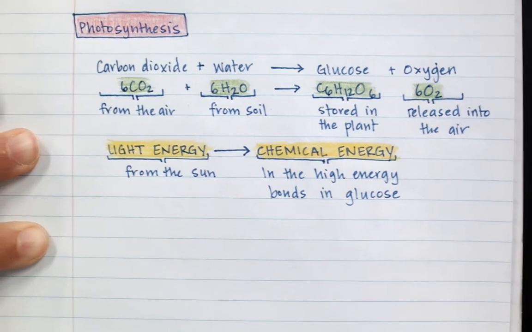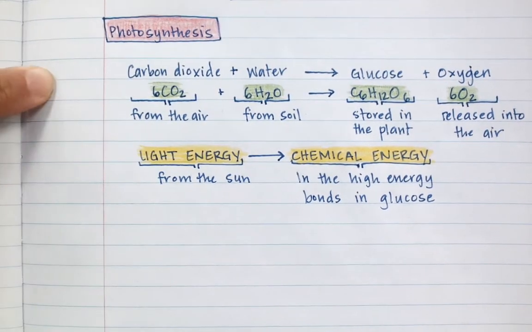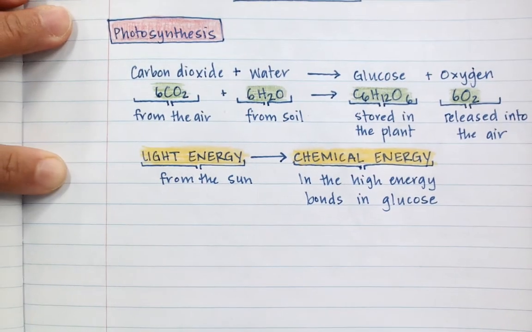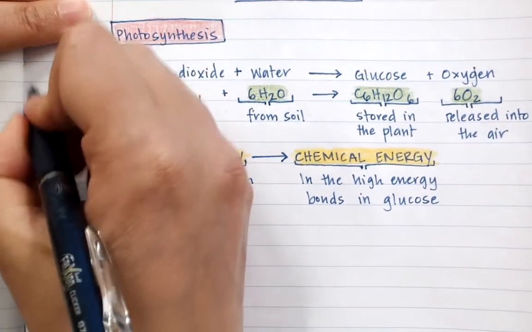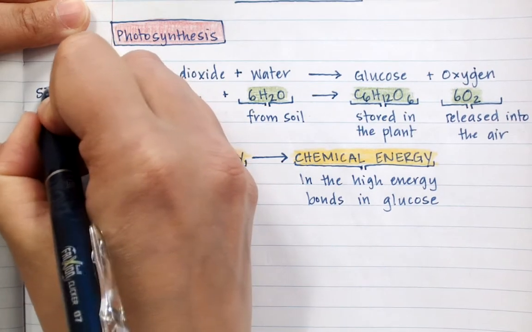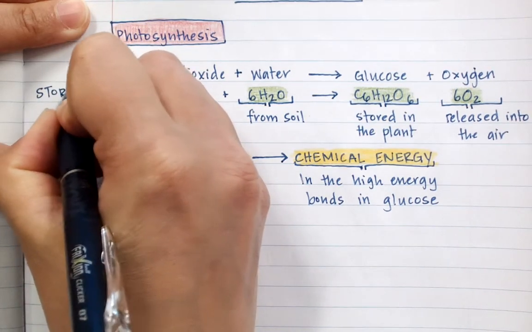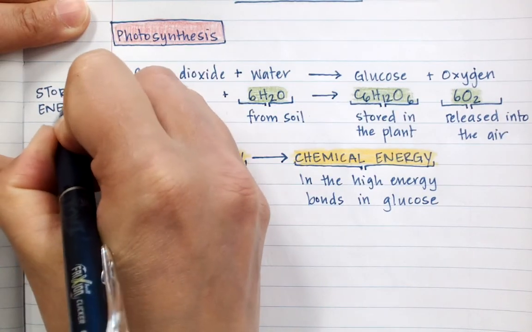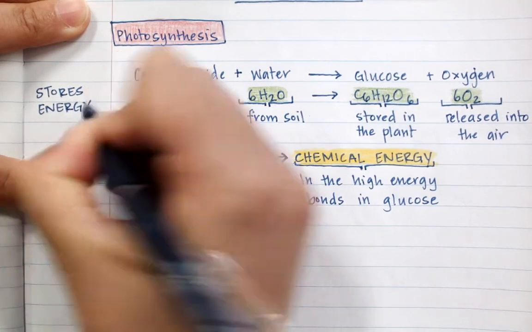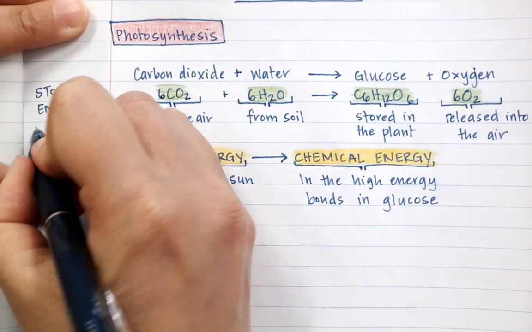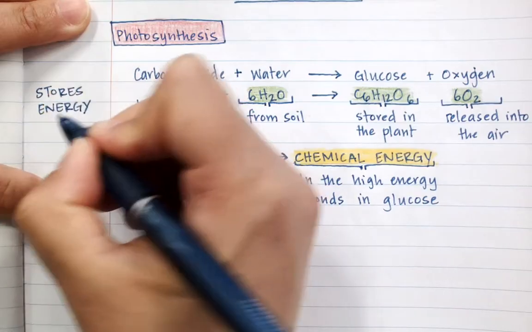So over on the side here, I'm going to give us a little bit more information. I'm going to say that this process occurs when the plant needs to store energy. So the purpose of this is that it stores energy. Which is kind of another way of saying that it makes food or glucose.